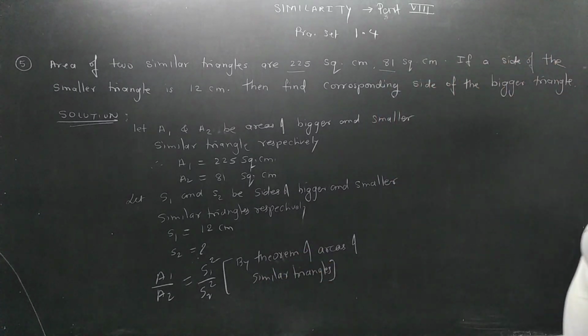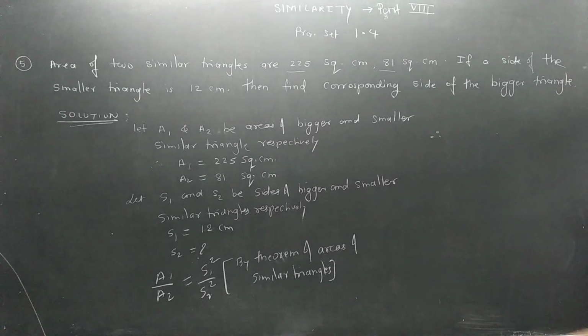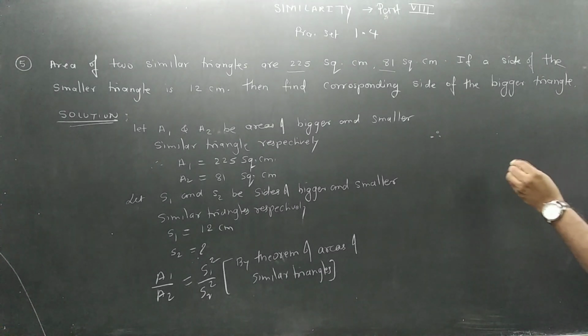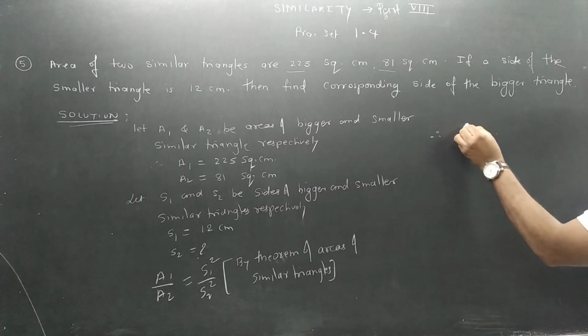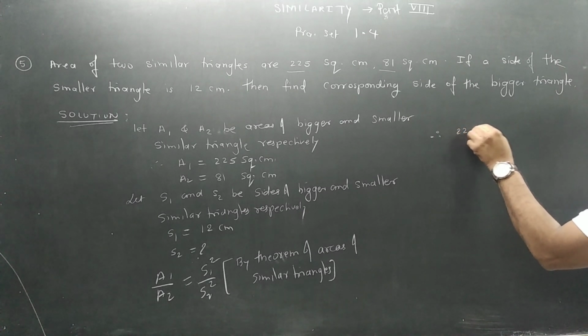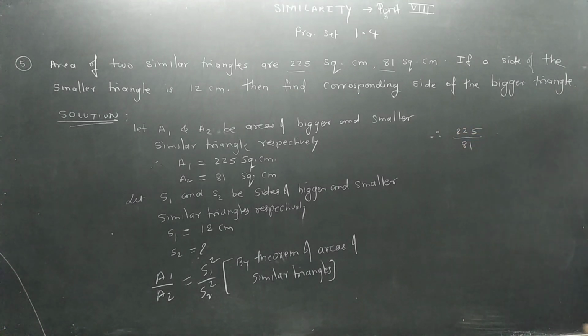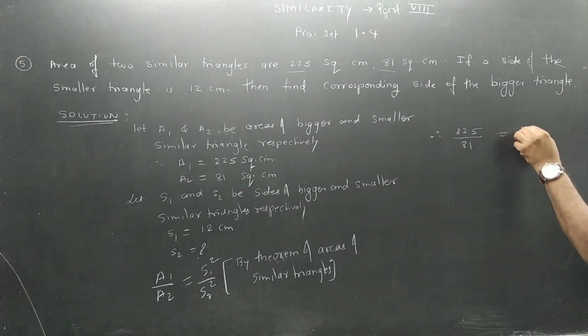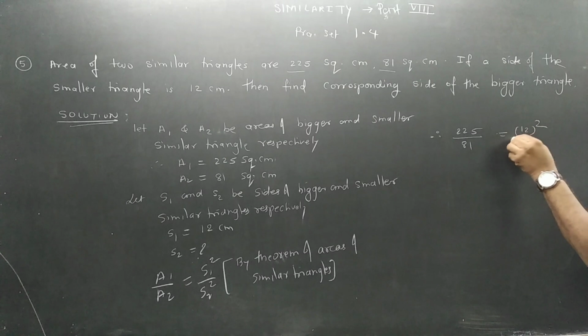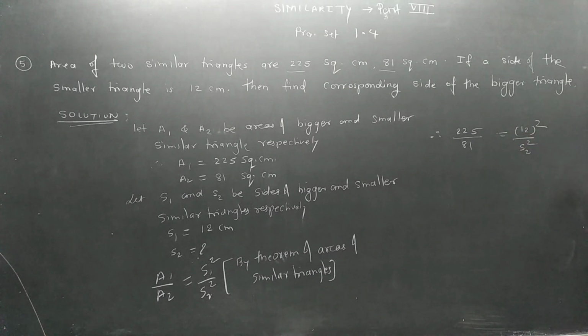You got it? Therefore, A1 upon A2 values are there, right? 225 upon 81 is equal to S1, we know it is 12 square, and S2 we don't know, I will write S2 square. This one is given.